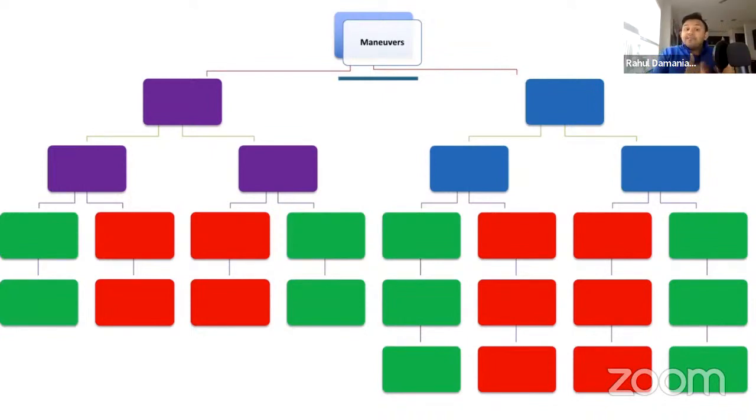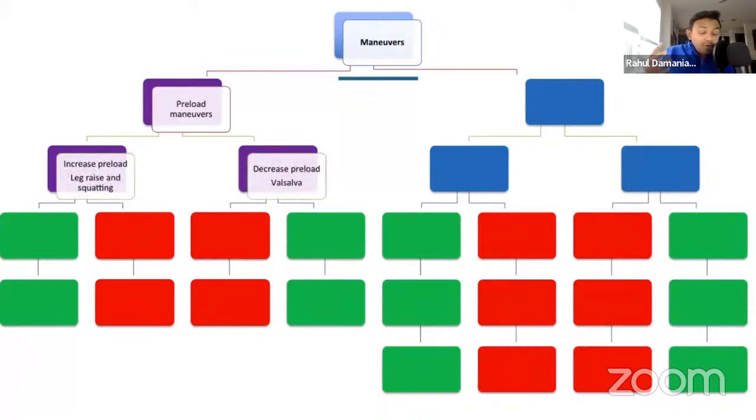I'm going to go ahead and focus a little bit on the louder side of things. So when it comes to increasing blood flow in the heart, you are going to have preload maneuvers as well as afterload maneuvers. So your preload maneuvers are going to be the gravitational effects of leg raising, as well as the compression of veins that you will see with squatting and the blood just coming back to the heart when you are squatting.